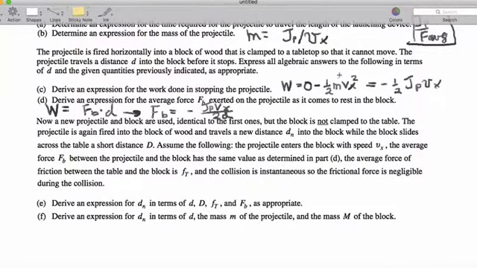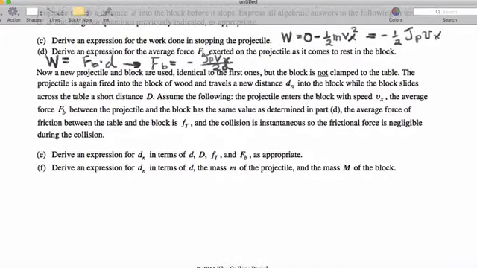So, in part E, we're going to change the situation a little bit. We're going to take this projectile, launch it, and it's going to hit the block. Then it's going to slide to rest with the projectile embedded in the block.